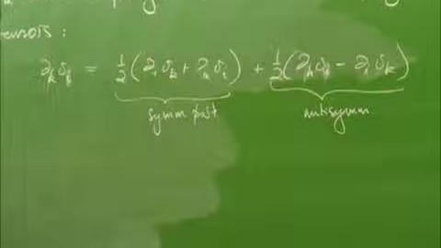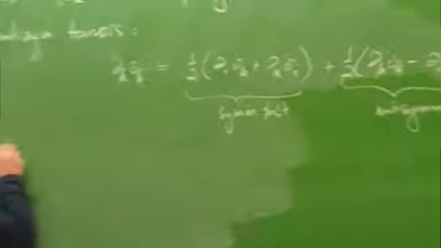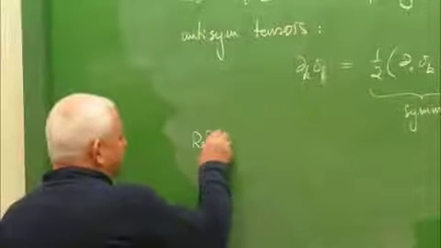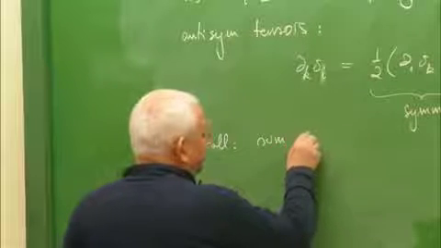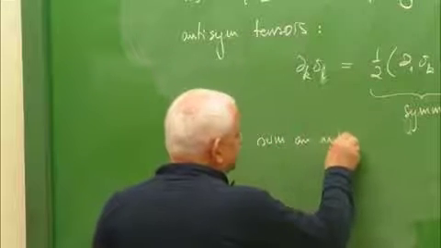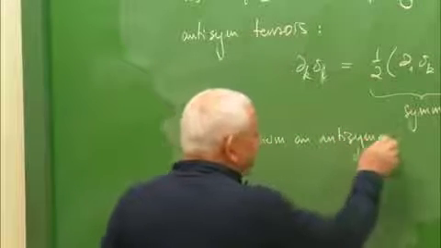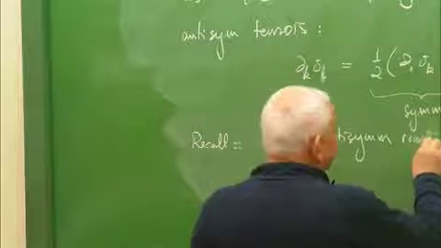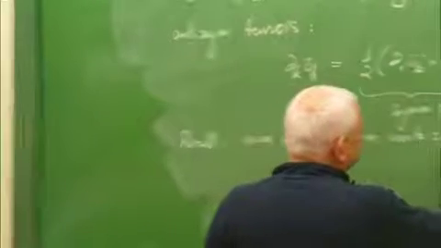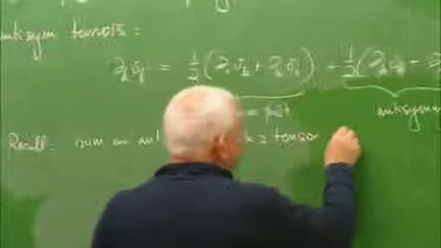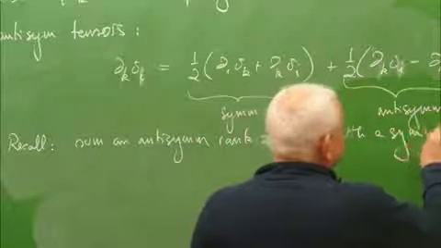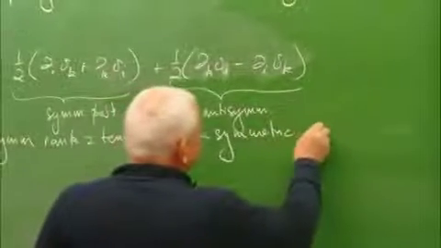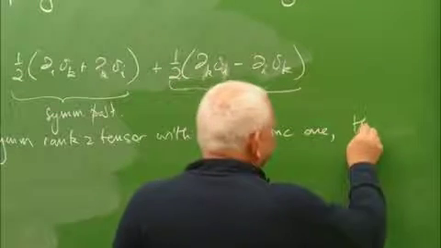The third thing I want you to notice: recall, if you sum an antisymmetric rank 2 tensor with a symmetric one, the answer is 0.